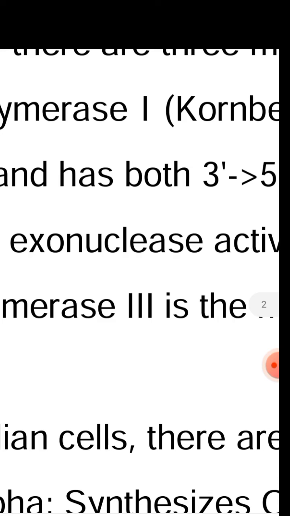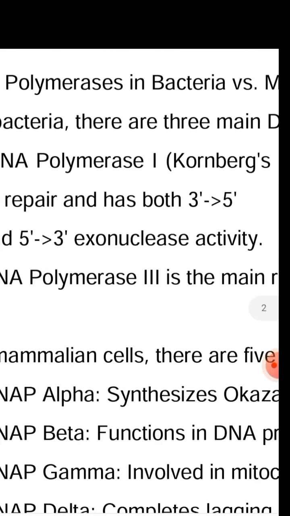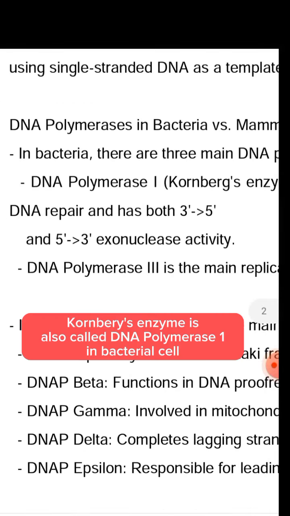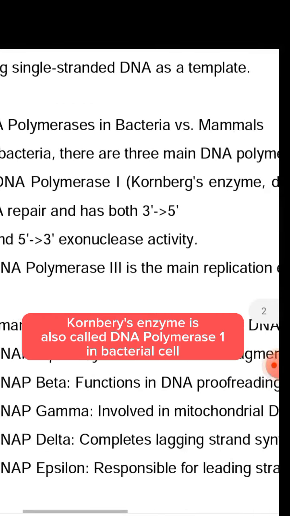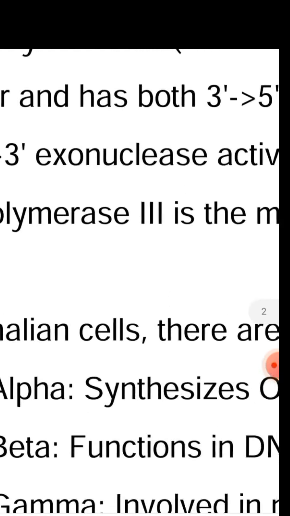And so exonuclease activity means that it is cutting, like a molecular scissors, the DNA externally. And so this Kornberg enzyme can do that in both directions, from 3 to 5 prime end and from 5 to 3 prime end.